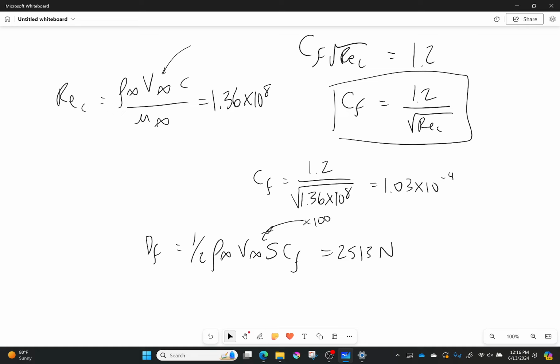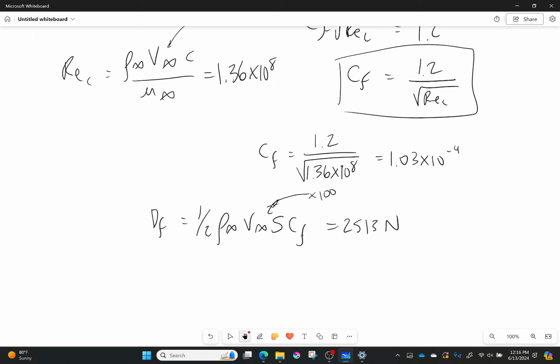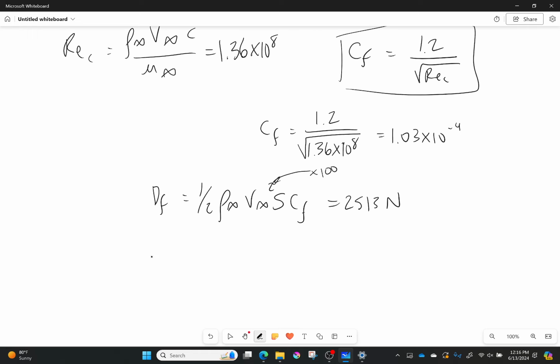Remember that, okay? The velocity was 10 times bigger, so velocity squared is now 100 times bigger. Then my total drag, which is on both sides, is me multiplying that by 2. So it's 5,026 newtons.